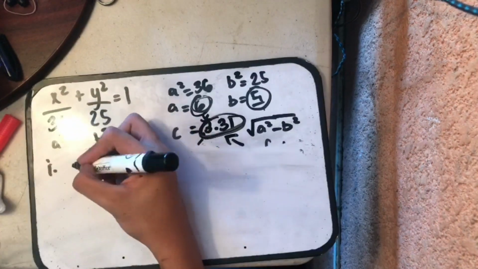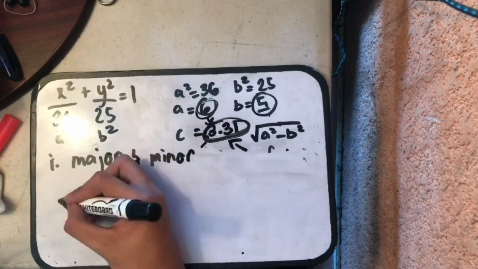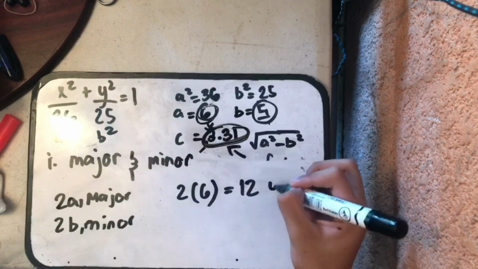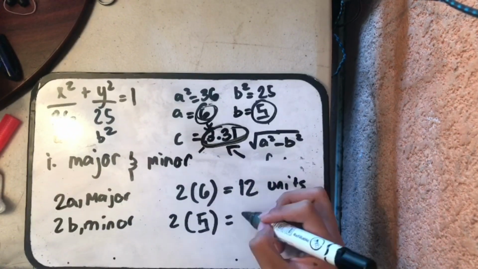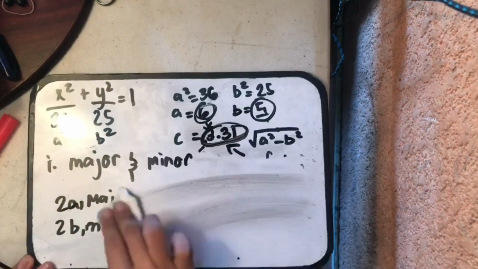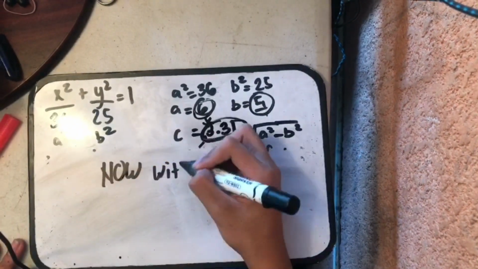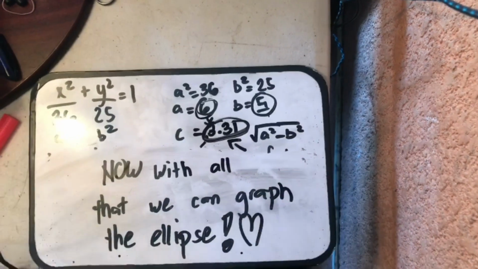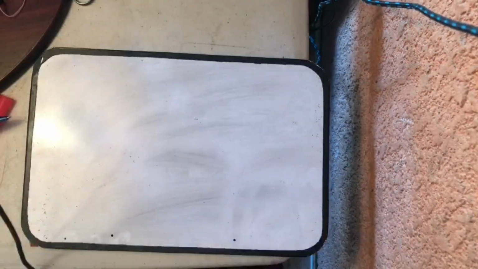Now let us proceed to the minor and major axis, where the formula is 2 times a and 2 times b. The major axis is 2 times 6, which is 12, and then the minor is 2 times 5, which is 10 units. With all this, we can now graph the ellipse.